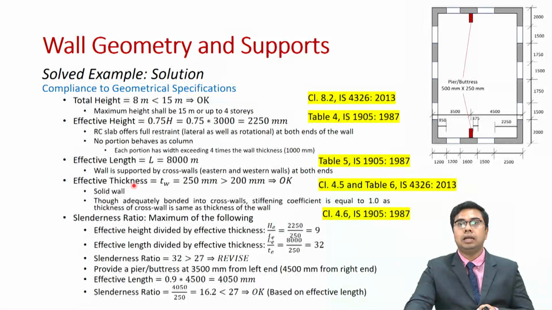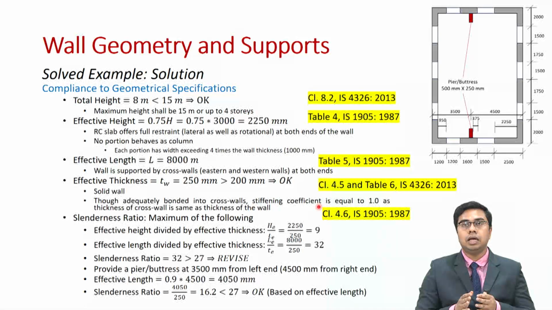Further on, while calculating effective thickness, we should have also used a stiffness coefficient. In this case, since our wall is being adequately bounded into cross walls, therefore the stiffness coefficient is equal to 1. You can go to table 6 of IS 4326 in order to obtain the value of stiffening coefficient.